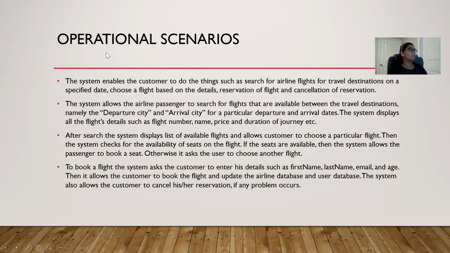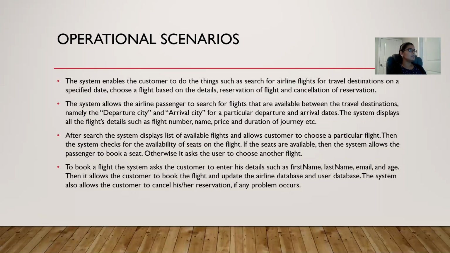Next, coming to the operational scenarios, the system enables the customers to do things such as search for airline flights for their travel destinations on a specified date. So basically, what happens here is the user keys in a filter for the departure city, arrival city, departure date, and arrival date.